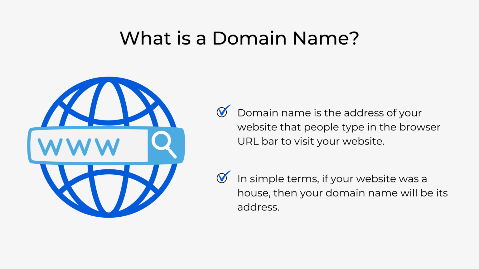Let me give you an example to elaborate this. Suppose your website is a house, then what will your domain name be? Domain name will be its address. So if you want to visit someone's home, then you need to have their address in order to reach the destination, right? So this is the thing behind a domain name and hosting, right?